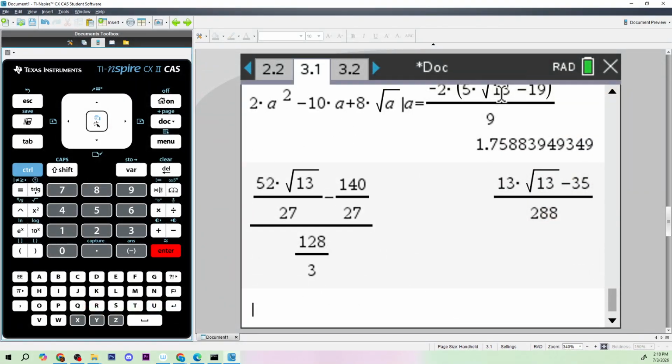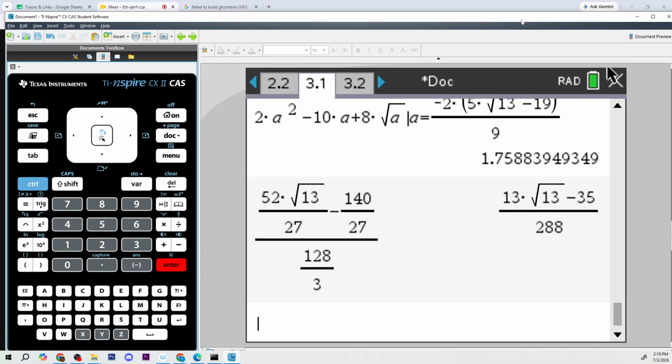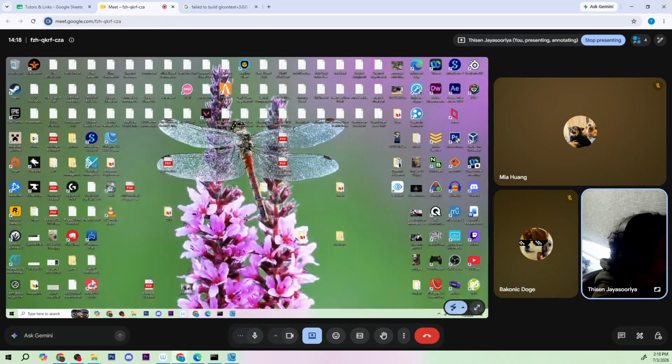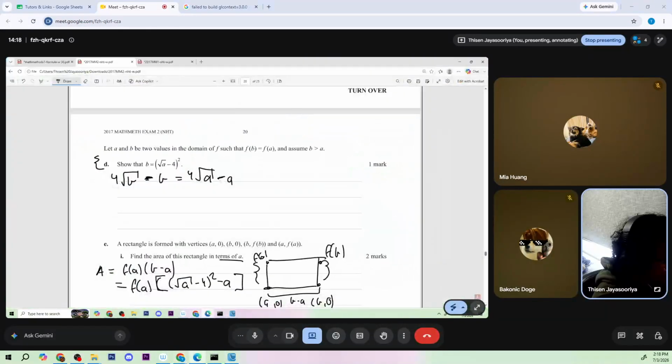What happens if I go on my calculator? Do either of you have any idea to rearrange this just for B? Maybe that might work. Let me check.